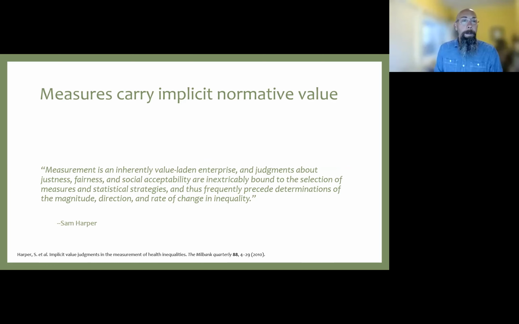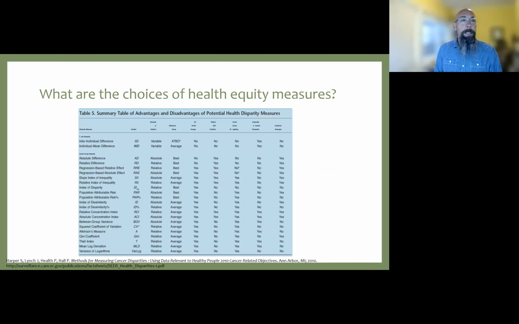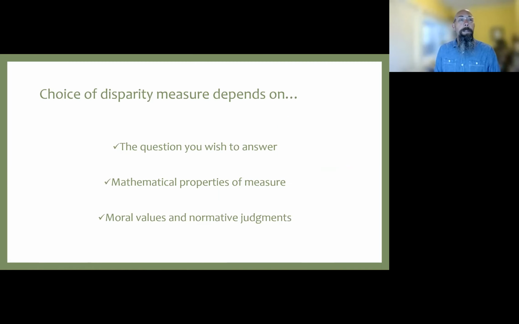So what I'm going to do now is say that there are several ways that disparity measures can give you different answers. And I'm not going to be able to tell you about all of them, but what I want to do is sort of list the ideas, and then you can look at this paper later if you'd like to.